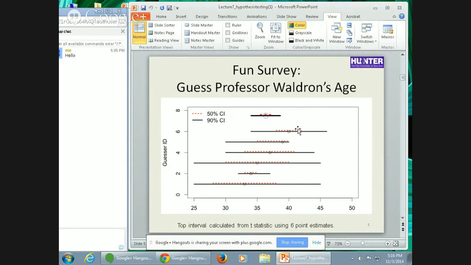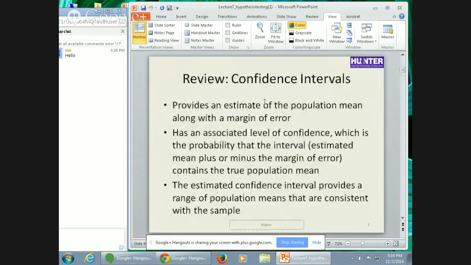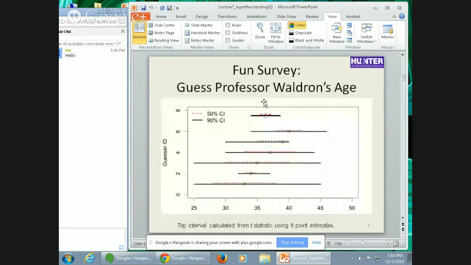But a couple things to note: the margins of error are smaller when I just took people's guesses and calculated it than people's own self-estimated margins of error. But in this case, there was a fair bit of bias in the guesses, meaning that they're not centered on my true age.